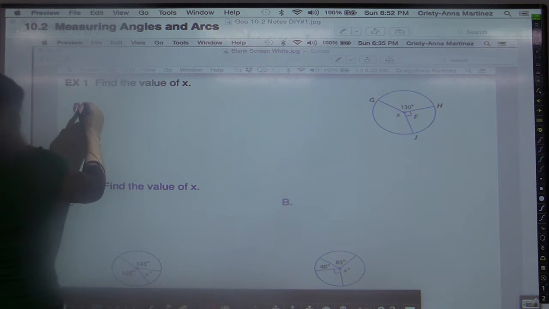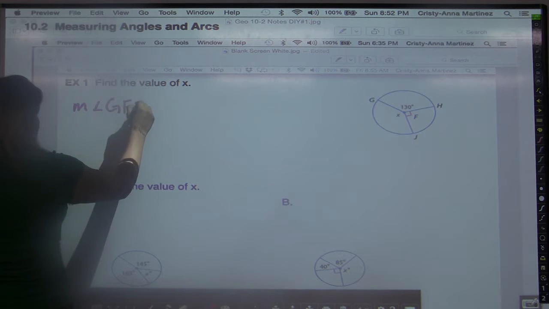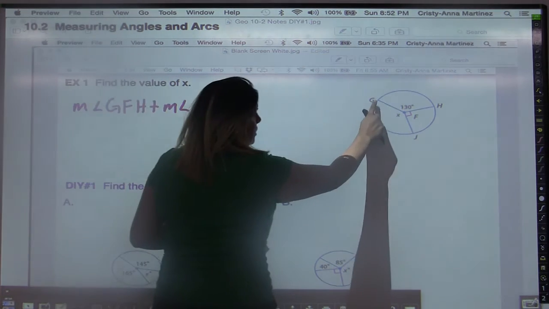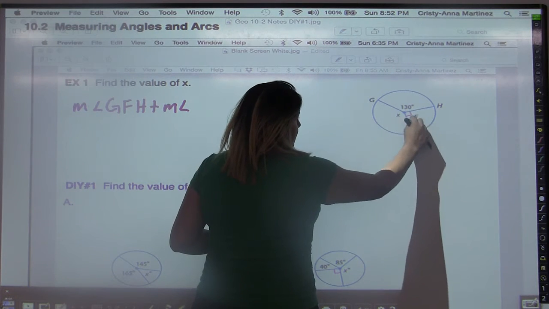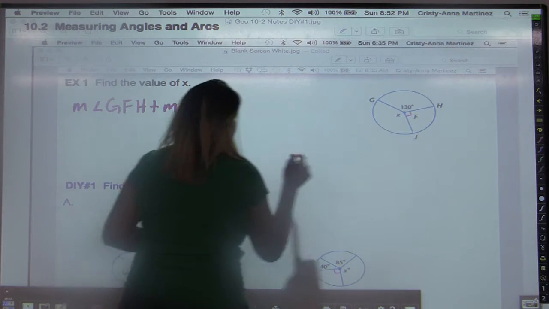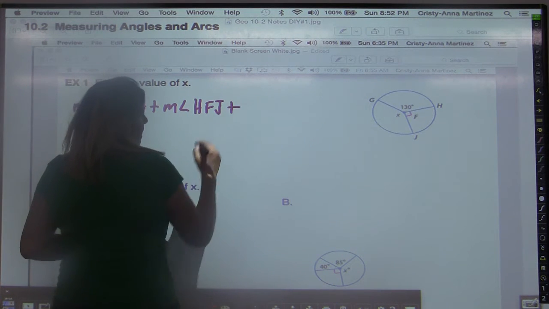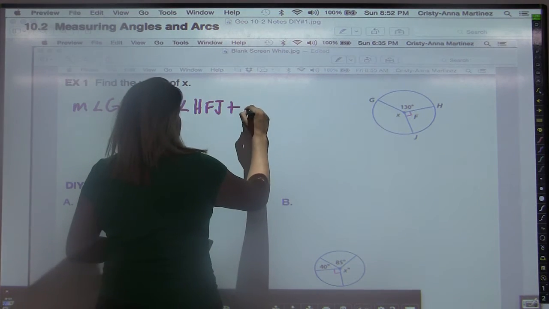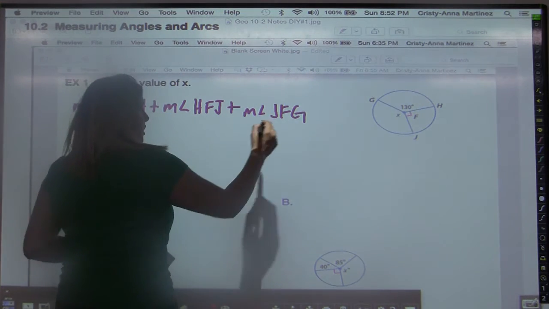So we're going to start by saying that the measure of angle GFH, that would be this angle here, plus the measure of angle HFJ, this angle, plus the measure of angle JFG should all equal 360.